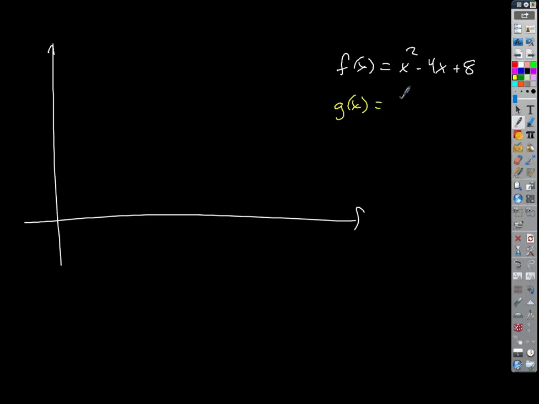And g of x equals 4. I want the area between those functions on the interval from 0 to 4. Between the curves. How can I do that? What's this one going to look like?